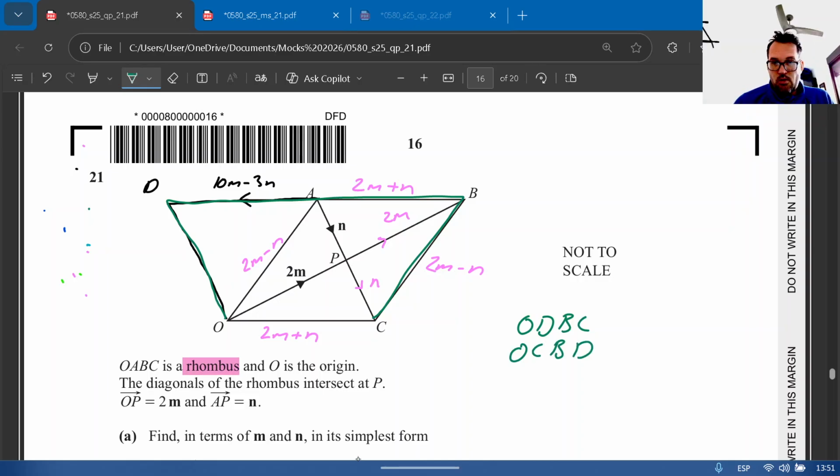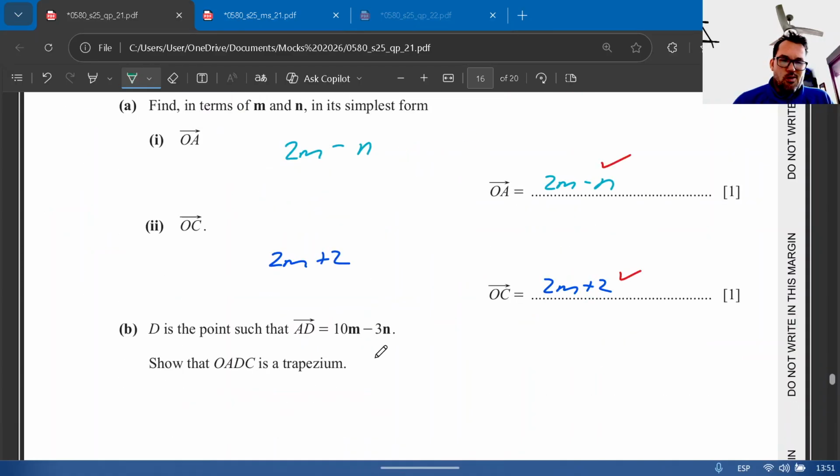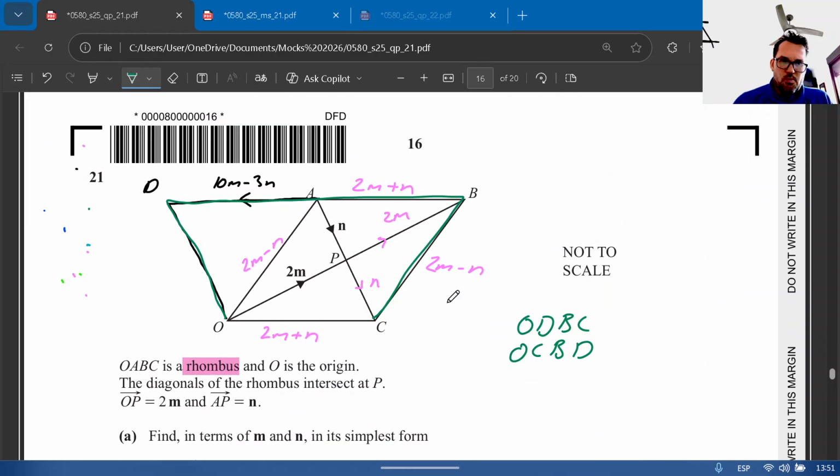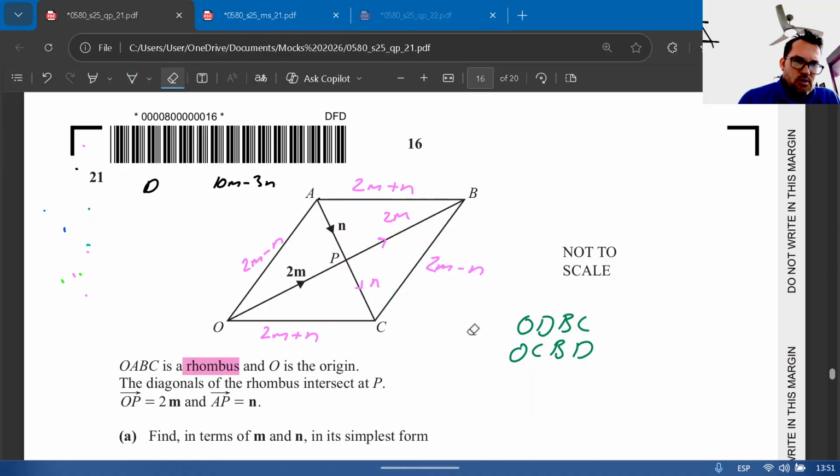Doesn't matter. Those are the four corners of the trapezium. But you go down here and you say, well, what is going on here? There is no B and there is an A. So how can we make this a trapezium that looks different? We have to put D in a different spot.